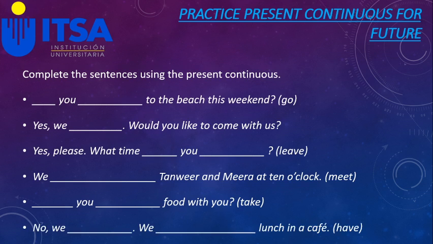That's why I have, are you going to the beach this weekend? We use are because the pronoun is you. So, are you? Are you going? The ing form of the verb go. Are you going to the beach?